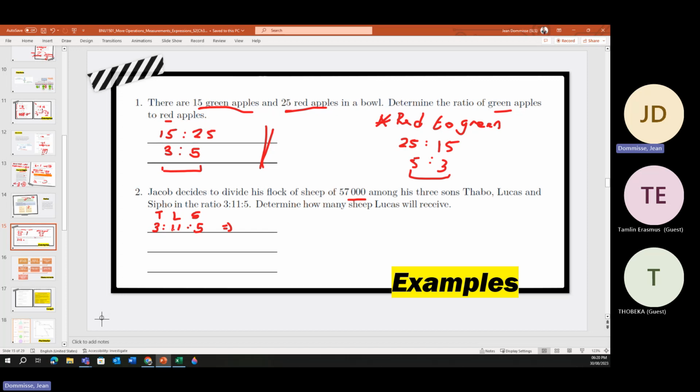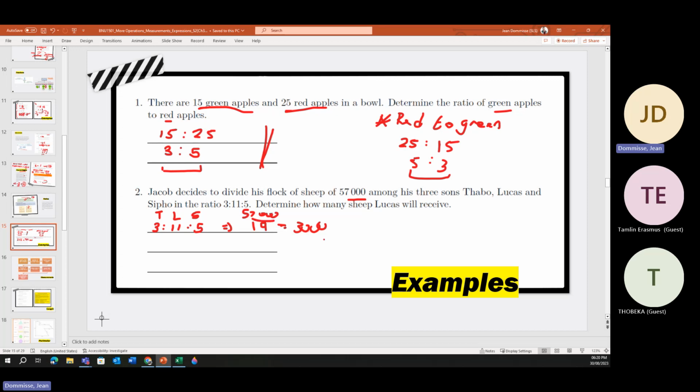So it's 3 plus 11 plus 5, which is 19. 57,000 divided by 19 gives us 3,000.